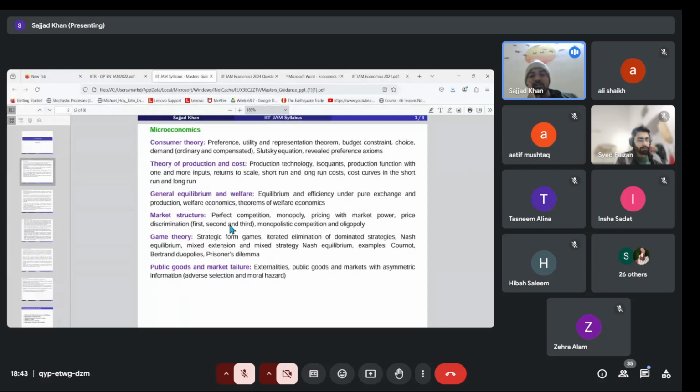In monopoly and oligopoly, it is very important to know the difference between monopolistic competition and oligopoly. In oligopoly, they generally ask one question from Cournot: what will be the general demand curve, sorry, what will be the general production function for each and every firm.